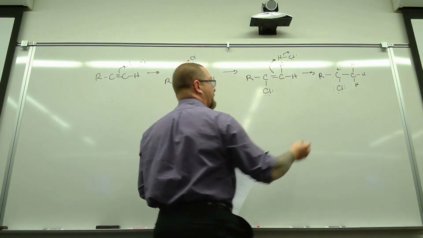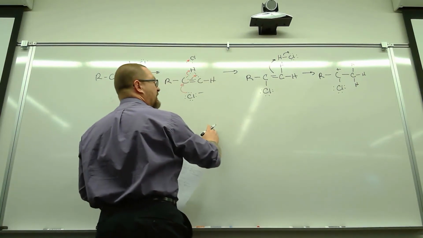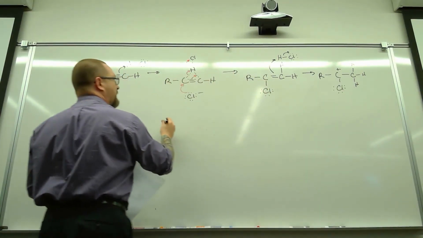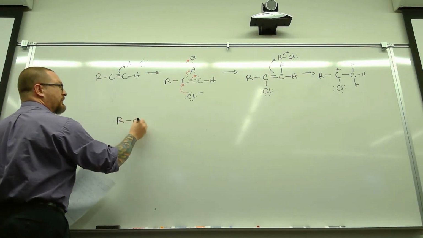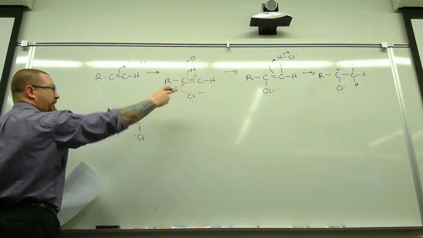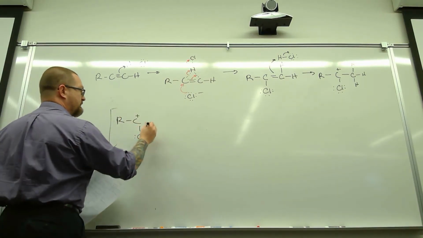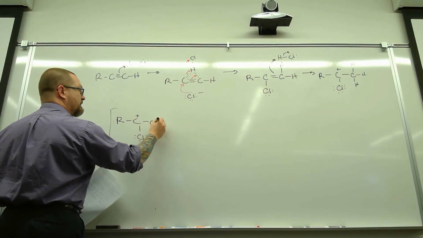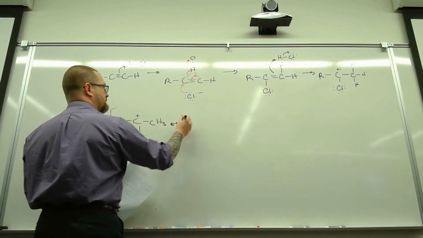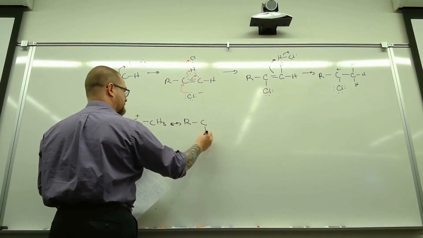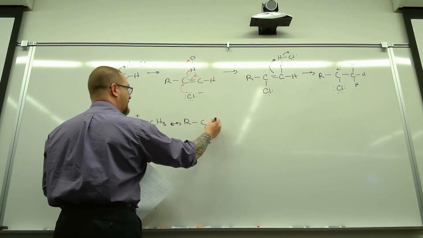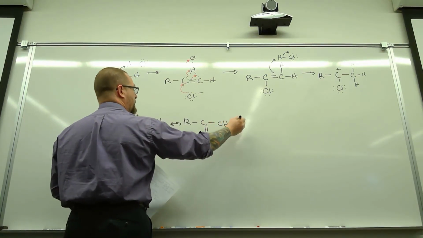Why is this one preferred? We talked about extra electron density around here, but we could redraw this as a resonance structure. So this is a redraw of that first. It's not a super high quality resonance structure, but it is valid.